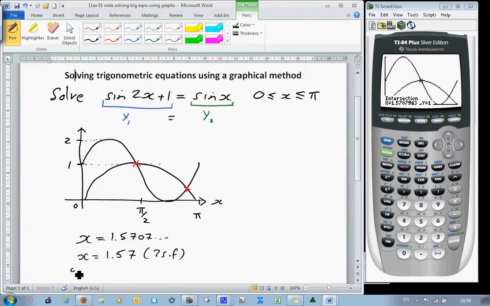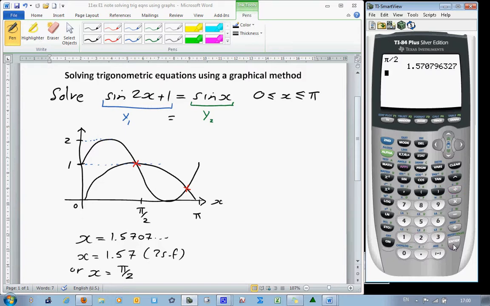Okay, the y equals is still the same, and the graph is still there as well. So let's look at the other intersection point. I need to move right, somewhere down there.